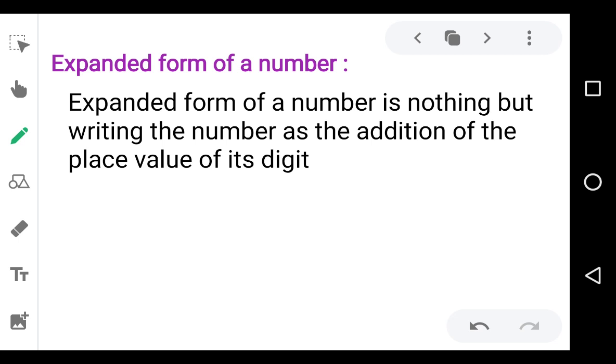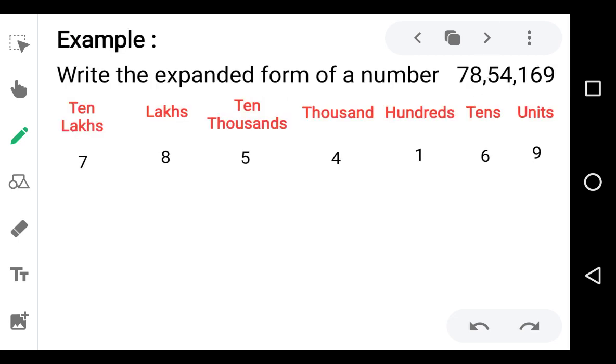We see the example. See here, I write the expanded form of a number. I write this number 78,54,169. To write this number in its expanded form, first we write places. So, let us write the digits which are in these places.